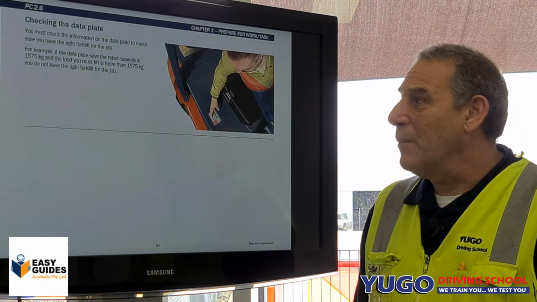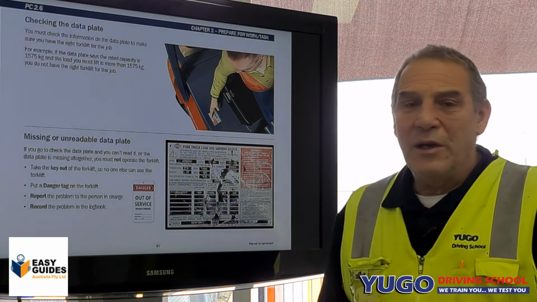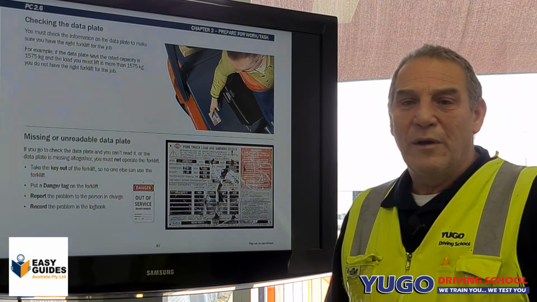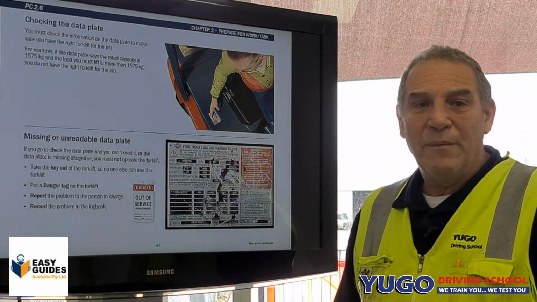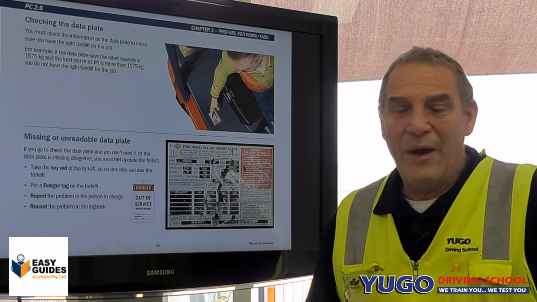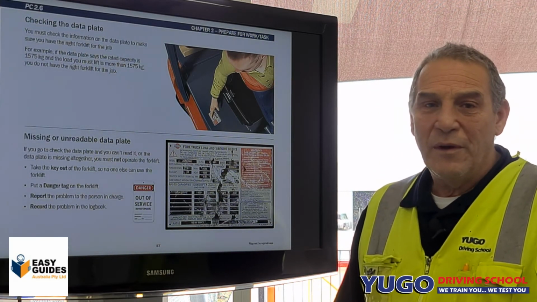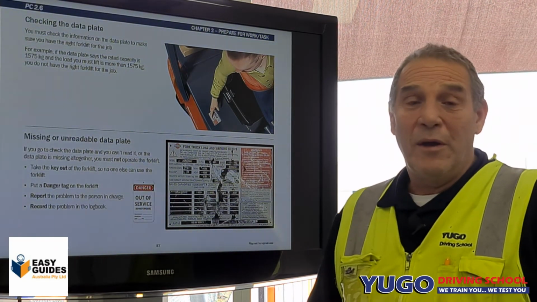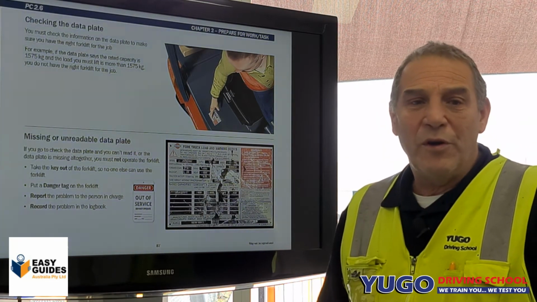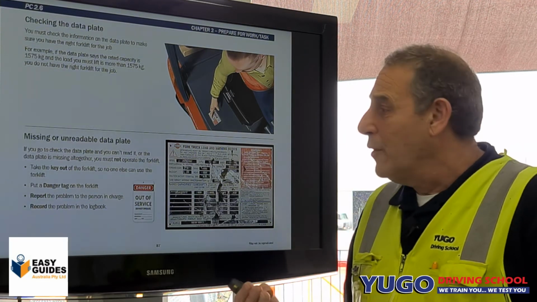Checking the data plate. You need to have a legible data plate on your forklift. Here in Australia or Victoria, even Australia-wide, if your data plate's not legible and you have an accident in your forklift, you get investigated by WorkSafe here in Australia, you'll be fined for negligence.